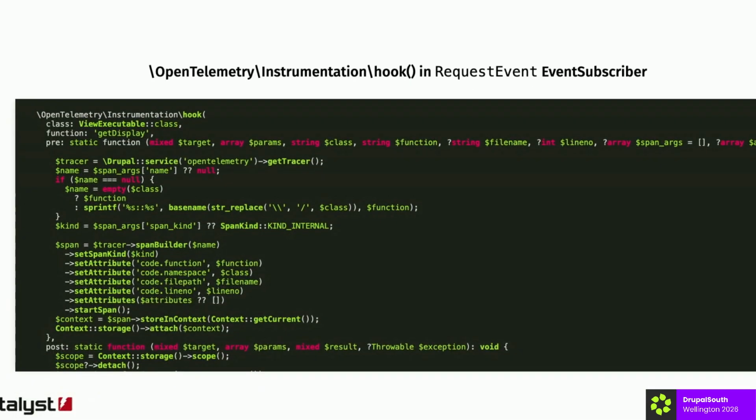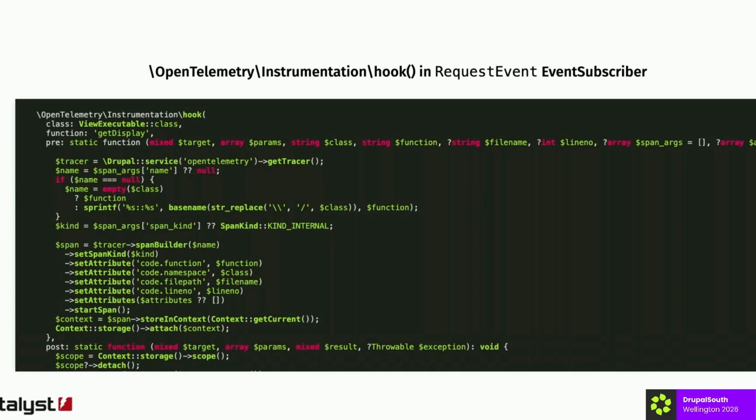And again, the question is, where do you declare that hook? It might be as part of Composer autoload, or it could be an event subscriber. This is just an example of hooking into the view executable get display function. And I'm doing that inside an event subscriber that's happening very early in the request handling in Drupal.